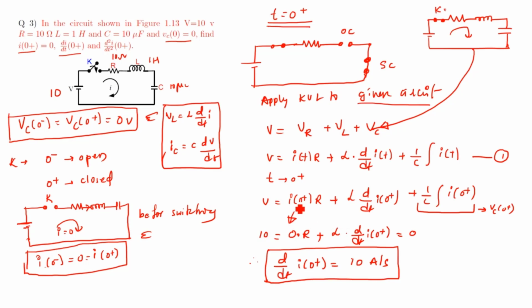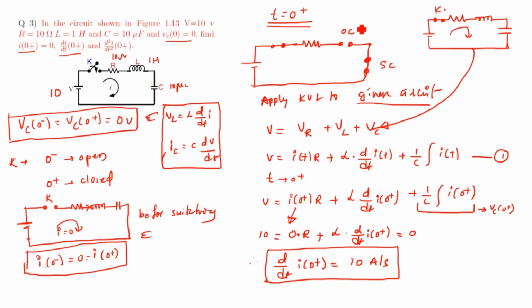Wherever I is there, that is replaced by 0. It doesn't mean that the first differentiation is 0. There is a difference: it is only I, versus the first differentiation of I. They are not one and the same.